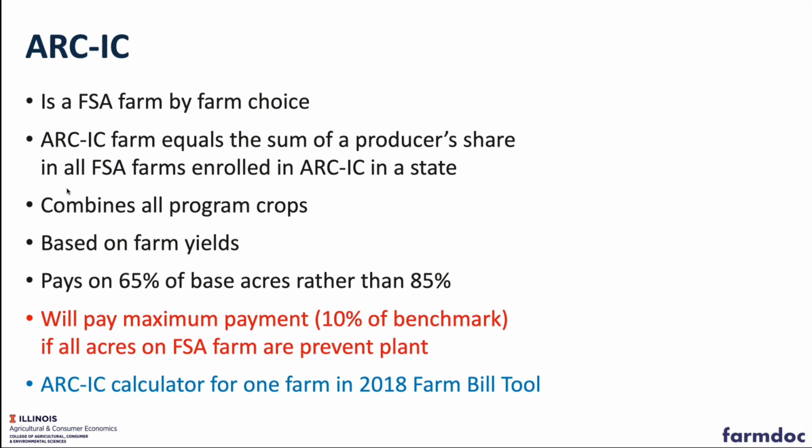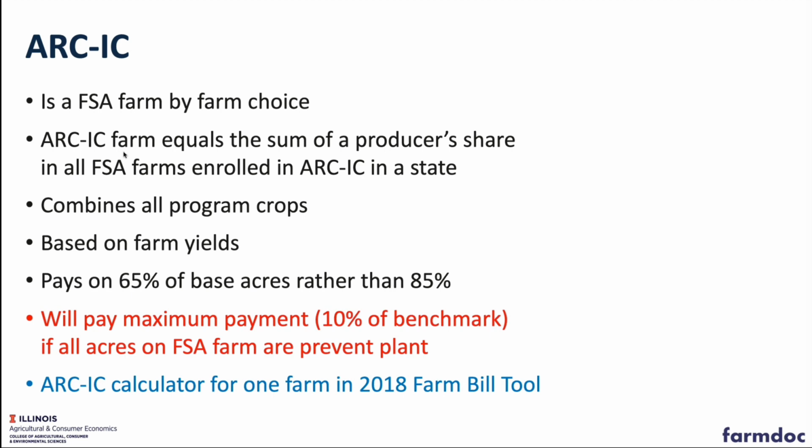And we're going to get you to a zero actual revenue, which is really the push point on that. ARC IC is a farm-by-farm choice. So if you have 4 FSA farms, you can enroll 1 in ARC IC, you can enroll 2 in ARC IC, and the remainder can go in ARC County PLC.